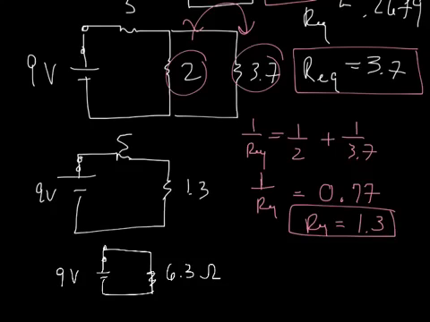So this equivalent circuit represented all the things that we had in the beginning. So again, if I wanted to find the power at this point, or if I wanted to find the current in the system, you can use V equals IR to find the current. You could use P equals IV or P equals V squared over R to find the power.